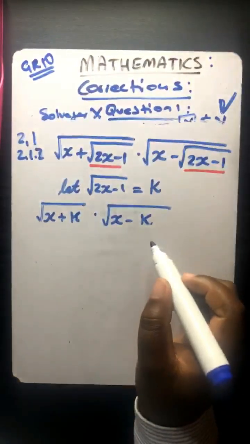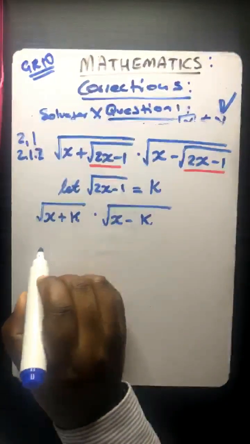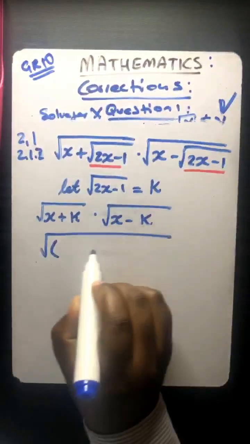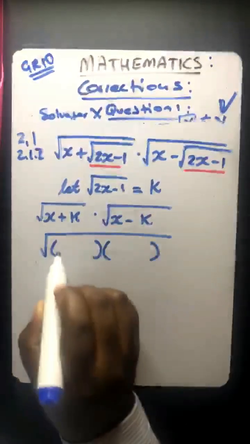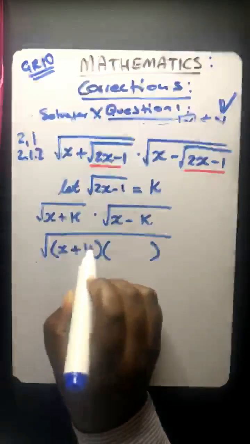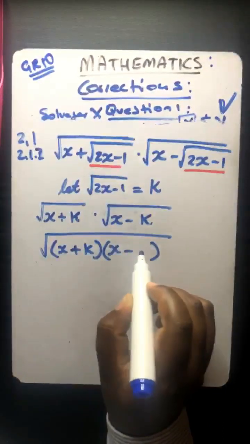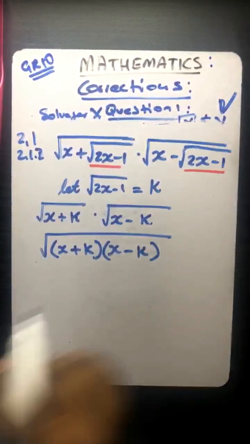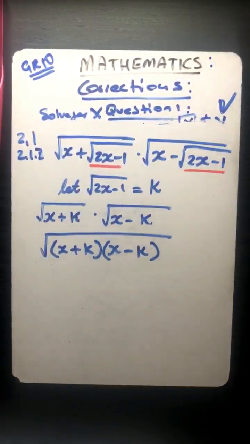Okay, let's see. So that means I can just have one square root where I'm having x plus k and also x minus k there. Do you guys notice what I've done there?